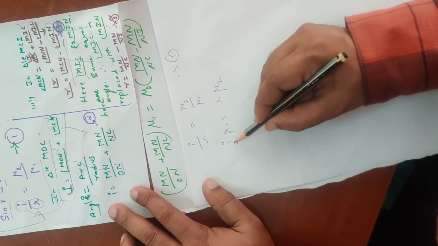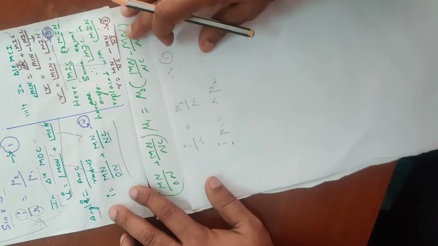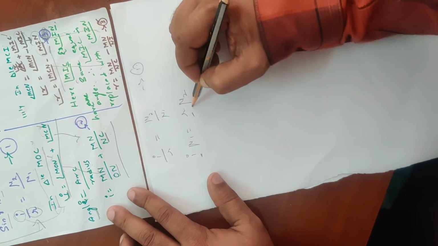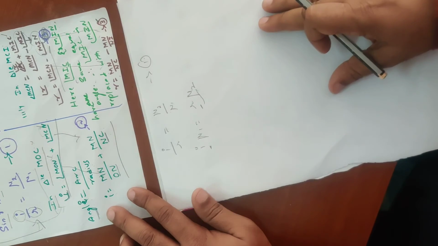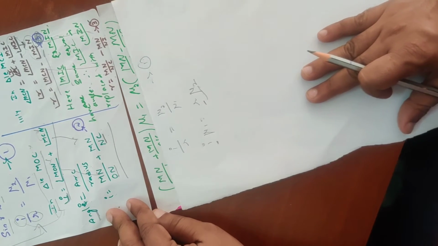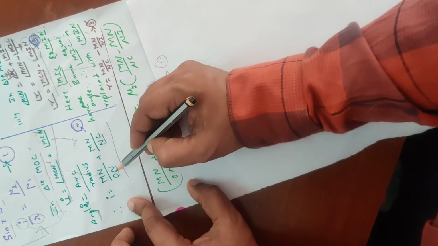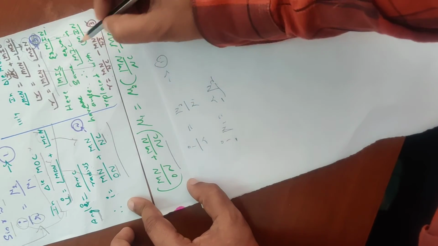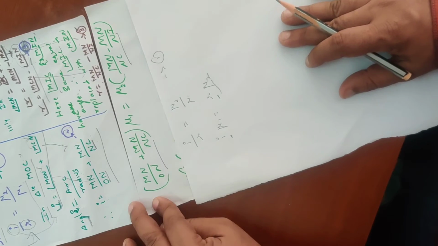Now the I value from equation 2 I substitute here, and the R value from equation number 3 I substitute here. So in equation 1, after substitution, I have substituted MN upon ON plus MN upon NC here, and this value here.